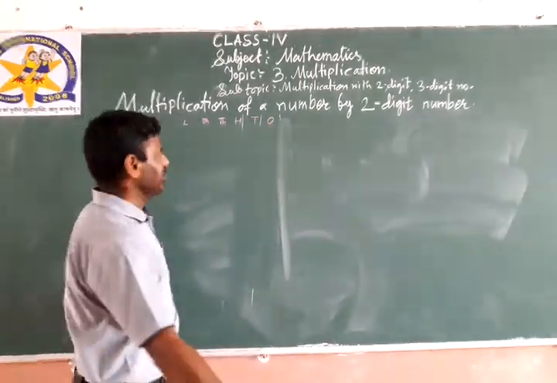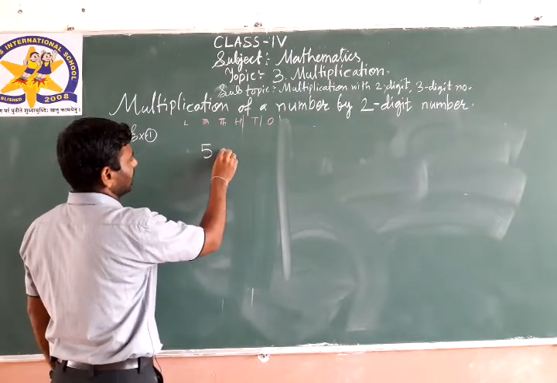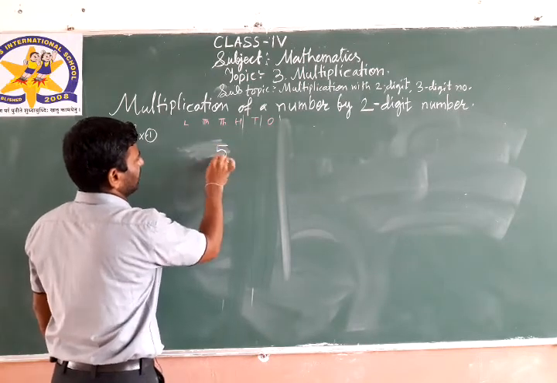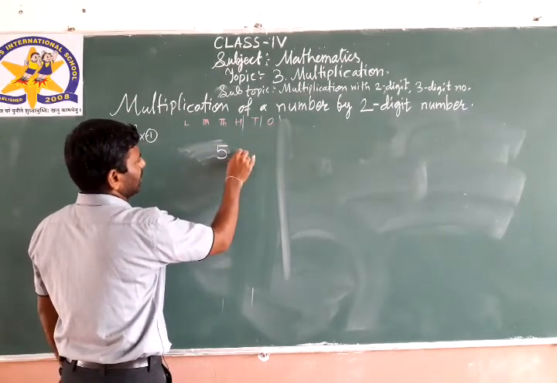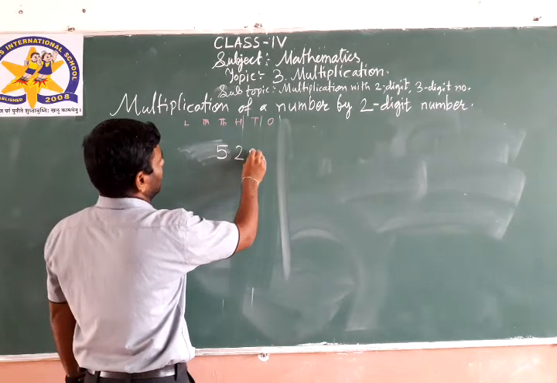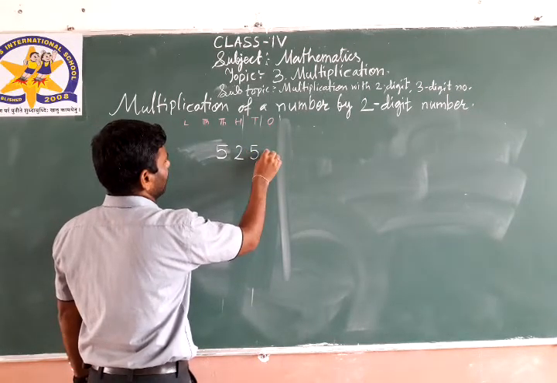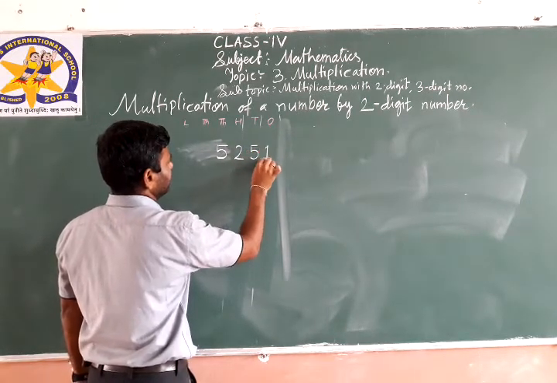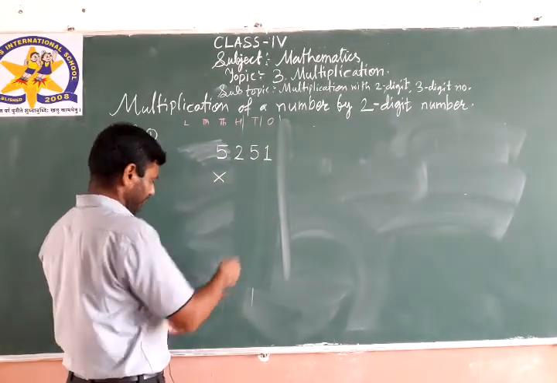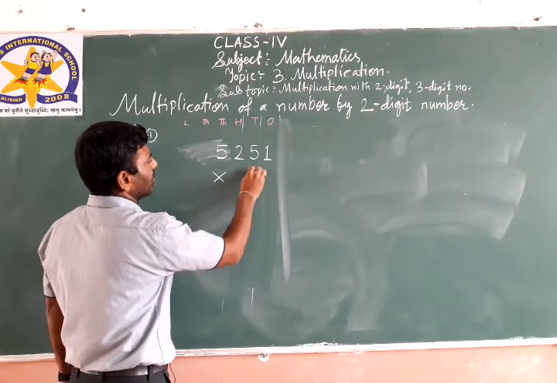Okay, first I will write 5,200 and 51 multiplied by 12.